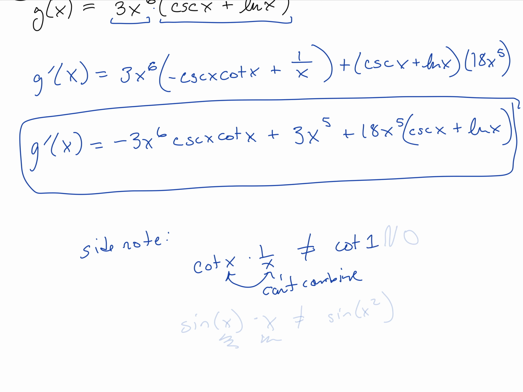No. So that's just a side note. If something is inside of a trig function, like sine of x times x, this is not equal to sine of x squared, etc. If it's inside the trig function, it's inside there, unless you're using some special trig identity. You can't get inside of that and multiply it or do anything with non-like terms.